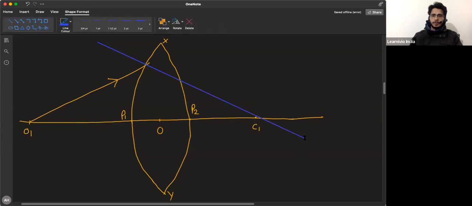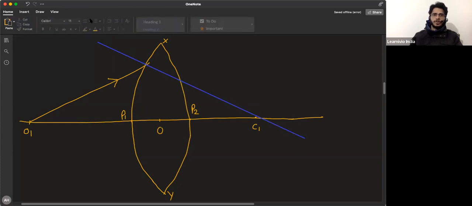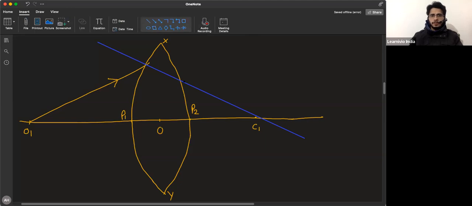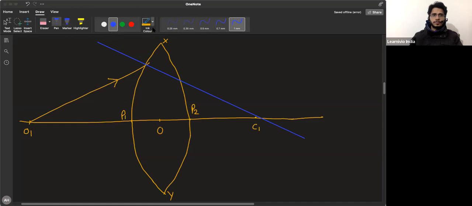This ray is moving from rarer to denser medium.